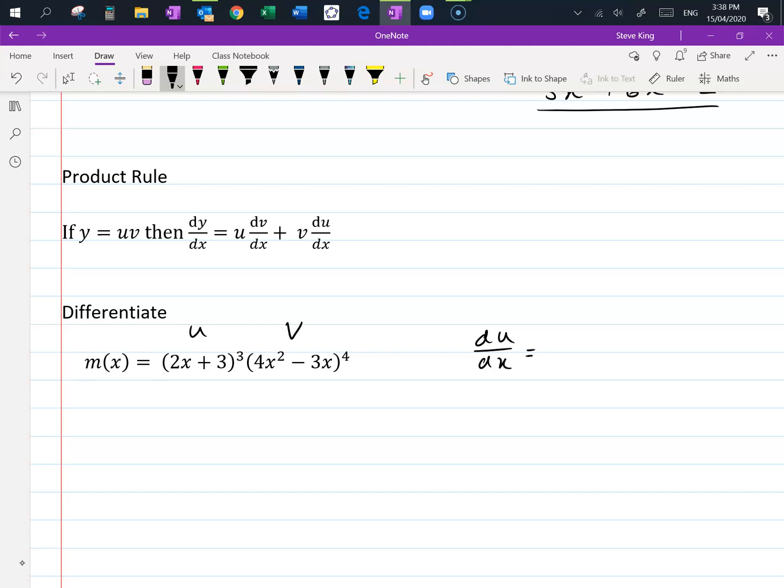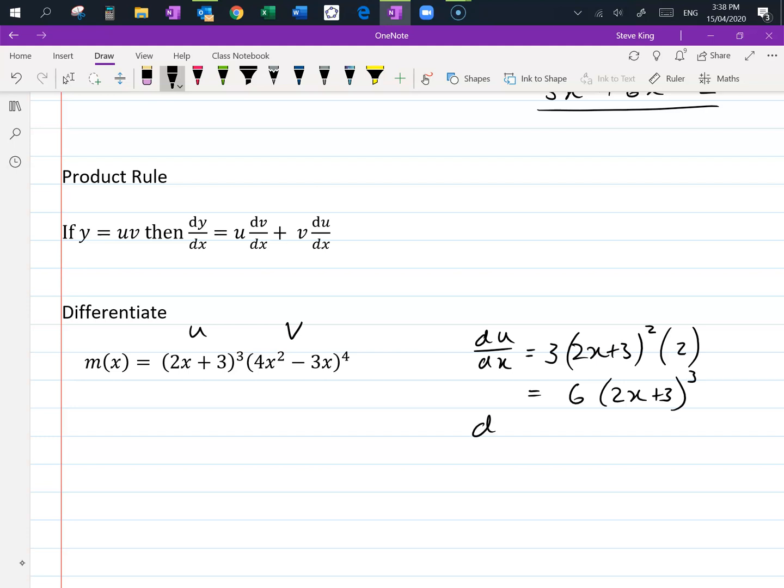So I'm going to have my 2x plus 3 reduced down, and then I'm going to take the derivative of what's inside, and what's inside is just 2. So that's going to leave me with 6 (2x plus 3) to the power 2.